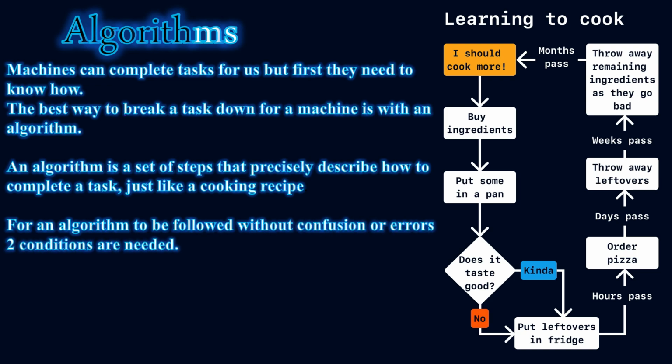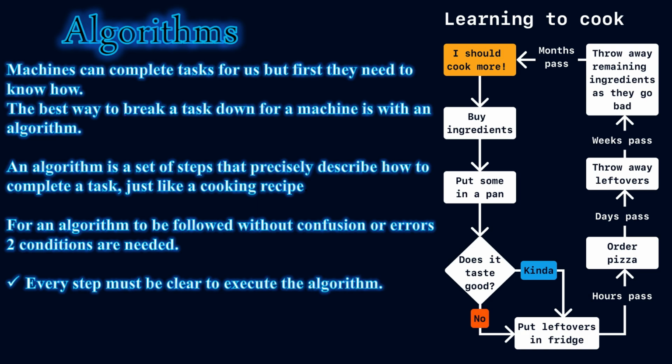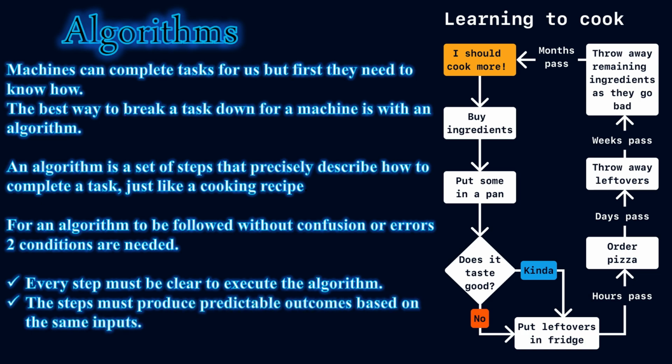For an algorithm to be followed without confusion or errors, 2 conditions are needed. The first one, every step must be clear to execute the algorithm, and the second one is the steps must produce predictable outcomes based on the same inputs.